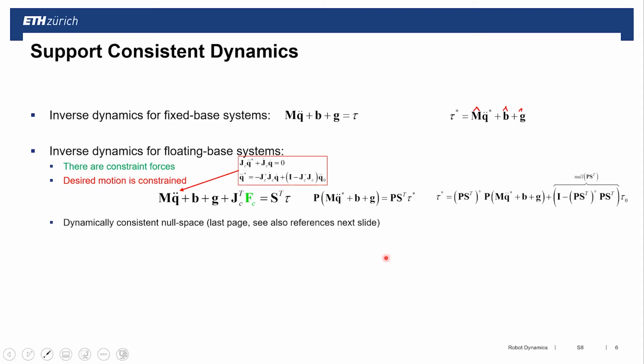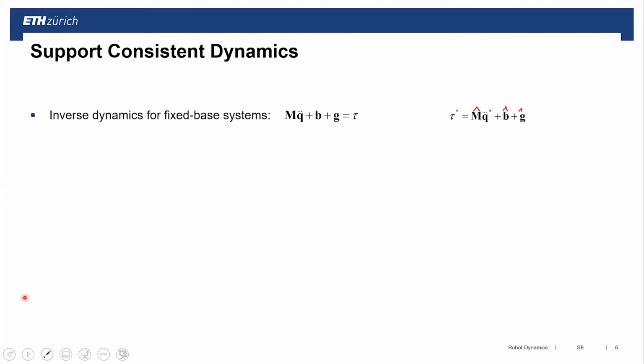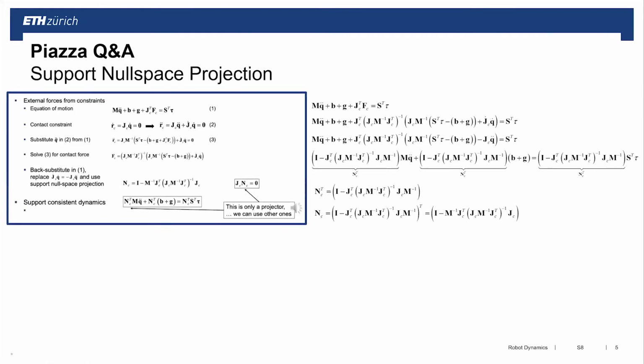Now, if you look at this equation here, and look back to the last slide, this one, we actually did nothing else than calculating this P by inserting the constraints, calculating the force, back substituting, and we ended in a projector matrix which corresponds to this NC transposed.